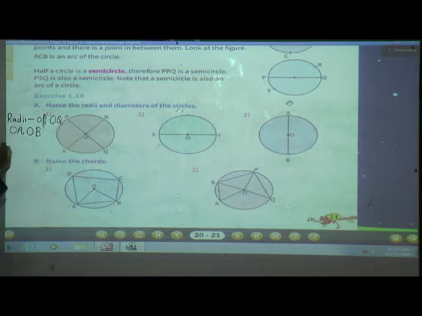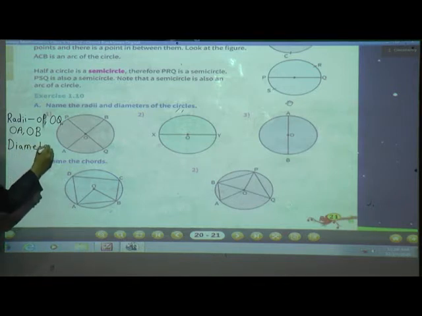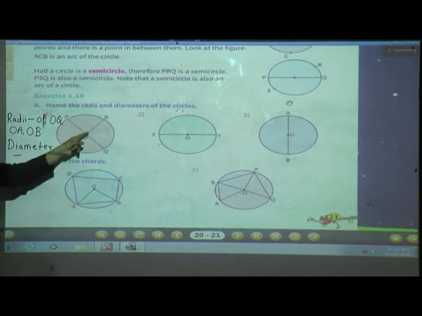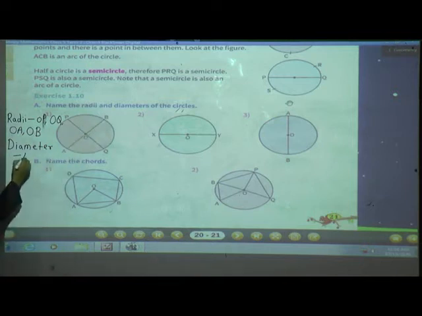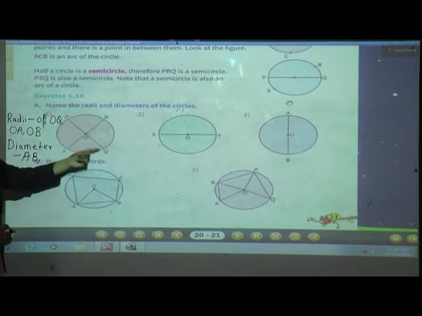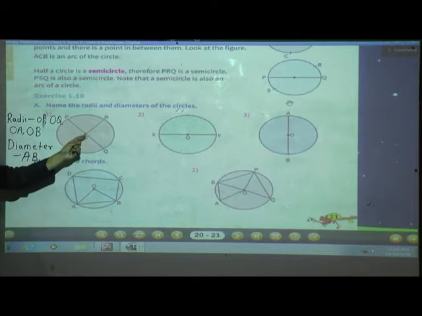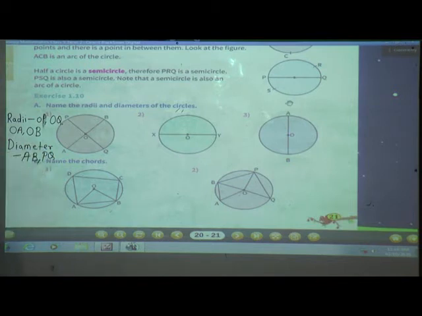Again, give me the name of a diameter. Tell me. Diameters. Here the segment is passing through O, so that's why AB is a diameter. And the second one, the segment PQ is passing through the center O, that's why PQ is also a diameter.